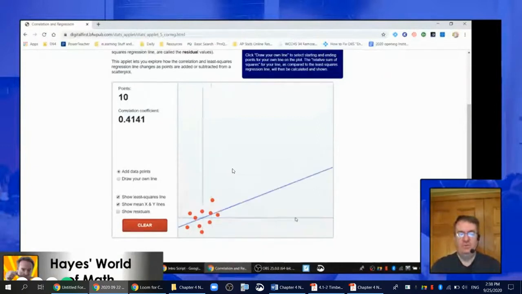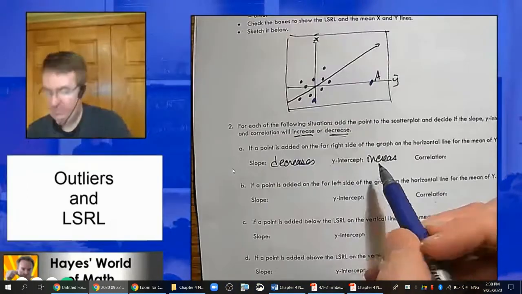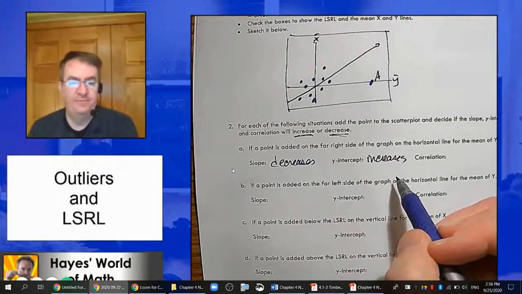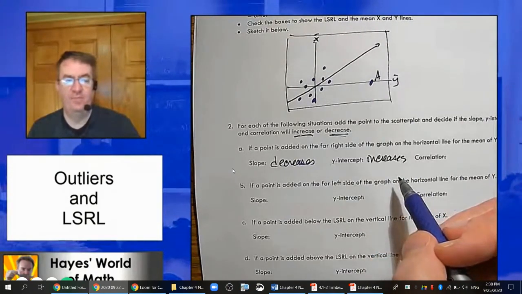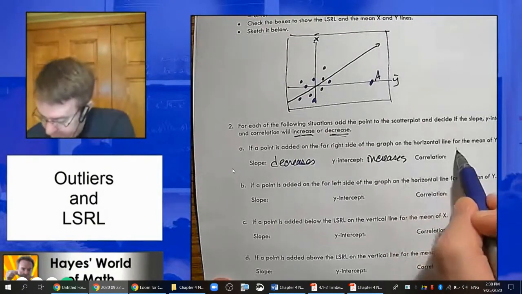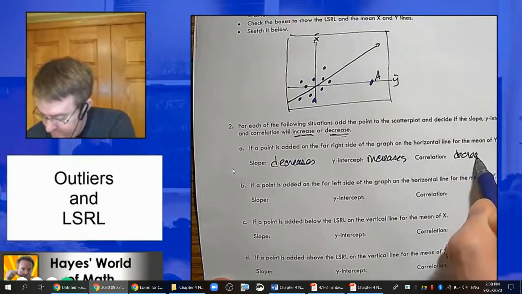The y-intercept is going up, your slope is pitching down. And this is all stuff that you would normally do on your own. If you're a teacher watching this, you can probably have your kids do this remotely, or at least do it all together. So the slope decreases, the y-intercept increases, the correlation also decreases.